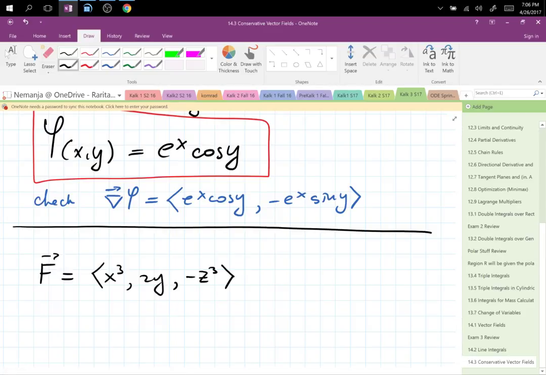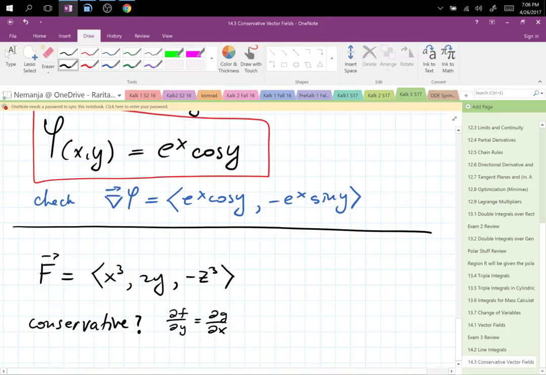Someone says find the potential function, and you say, hold on, comrade, the first thing I have to do is make sure that this is conservative, because if it's not conservative, you don't want to waste your time, right? So, conditions to check if it's conservative. We have partial f partial y equals partial g partial x. Partial f with respect to y is 0.